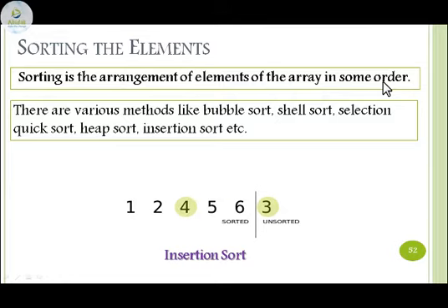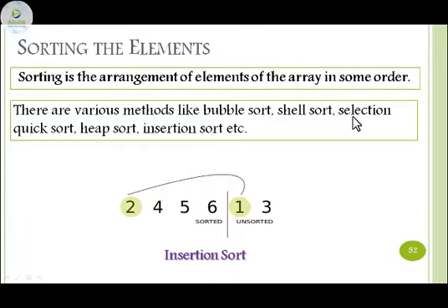In ascending order, the elements are arranged from a smaller value to a larger value. In descending order, the elements are arranged in decreasing order, so from a larger value to a smaller value. So in ascending, increasing order; in descending, decreasing order.